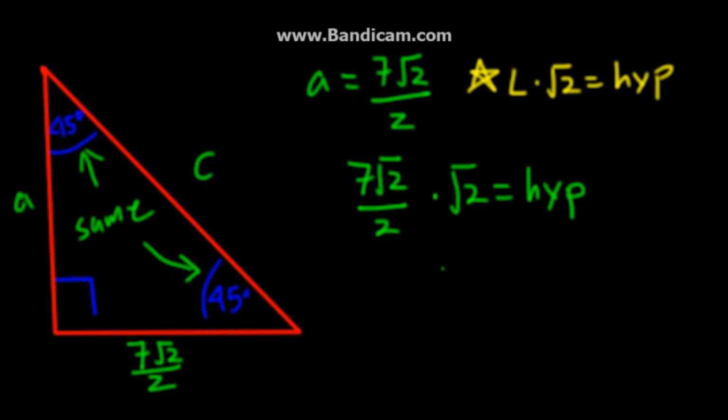And you will cross out, and you will eventually get 7 equals hypotenuse. So root 2 times root 2 is 2, and then that's 14. 14 divided by 2 is 7. So I didn't do the work, but I'm sure you guys can do it yourself just fine. So that's basically how you solve the 45, 45, 90 triangle.